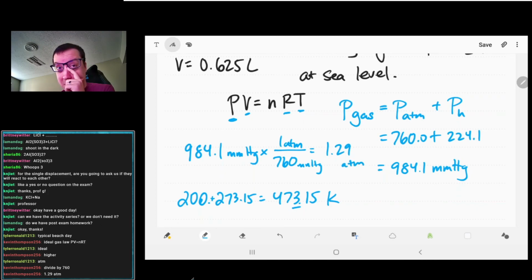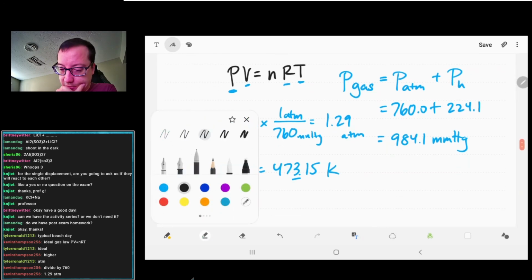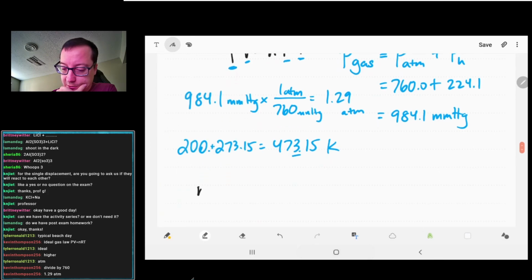Okay, now we finally have enough information to plug into our gas law. So, solving this, of course, n equals PV over RT. So that'll be 1.29 atmospheres.